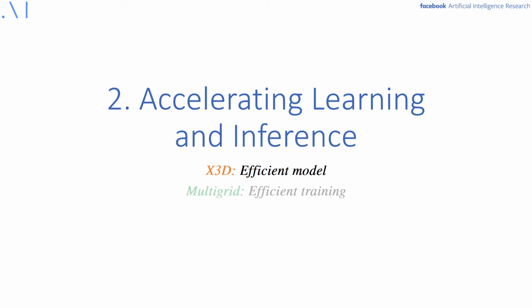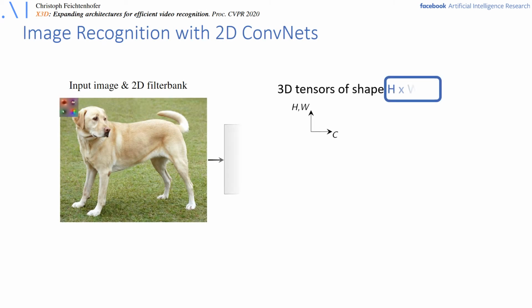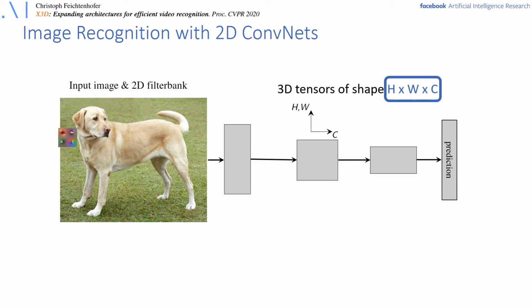So first I will talk about how to increase the efficiency on the modeling side by talking about X3D. For 2D tasks such as image or object recognition, it is common to apply layers of 2D filters to input images, which results in feature tensors of size h times w times c.